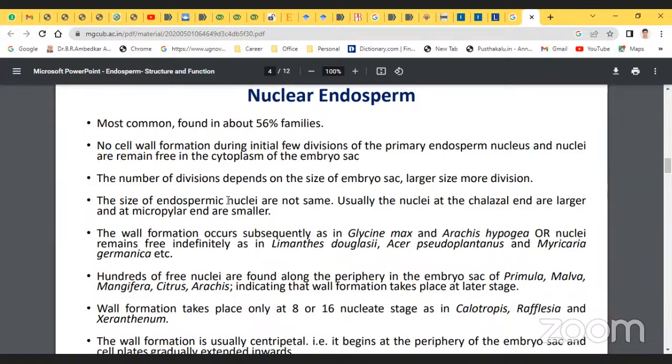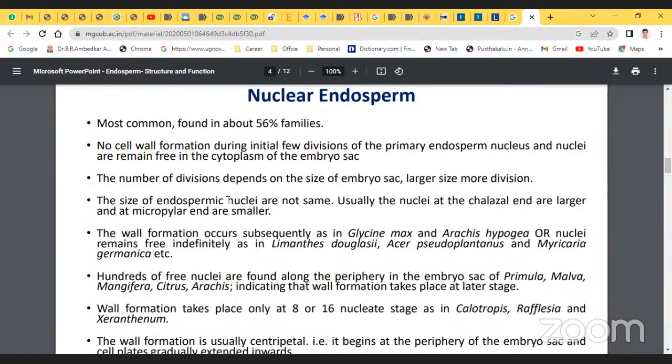You know the embryo sac consists of cytoplasm, and in this the nuclei are free. The number of divisions depends on the size of the embryo sac: the larger the size, the more divisions.